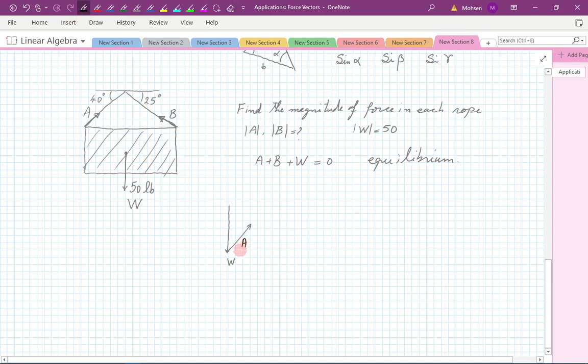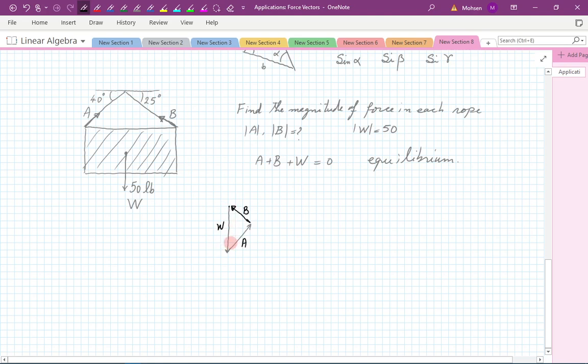So let's do A and W. We said if nothing is moving or nothing is falling, the third force has to come back where the first one started. That's the condition.